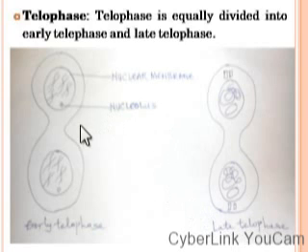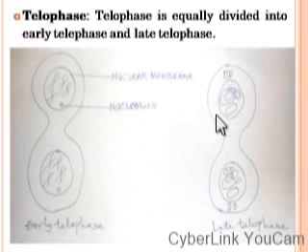The first one is that the cell starts dividing. Look at the cell, they start dividing. Then the second process is that the nuclear membrane appears. The third process is that the nucleolus appears.